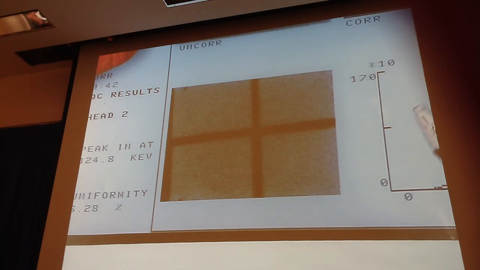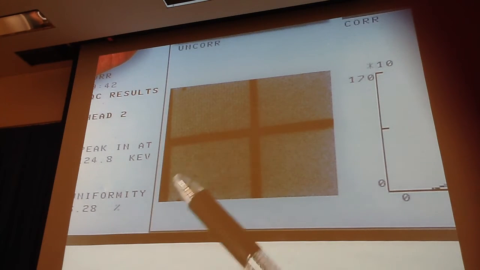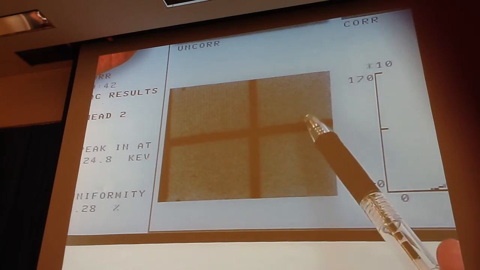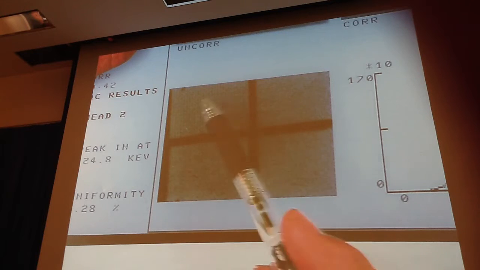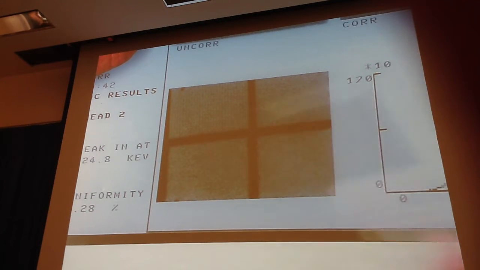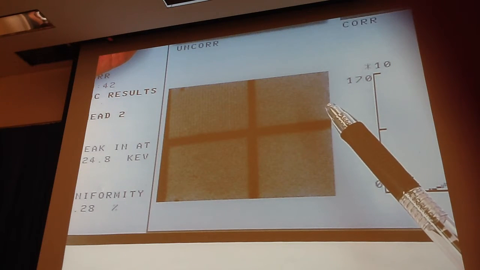Yeah, possibility. No, actually the solution to that problem is that the person bought a phantom that the lead strips were way beyond. I mean, they're just too big. So it would take a long time before those big lead strips are going to look bad. In the meantime, the subtle changes were affecting the diagnostic images.